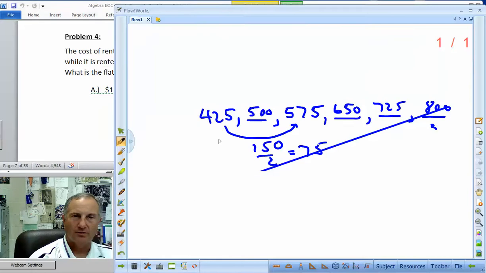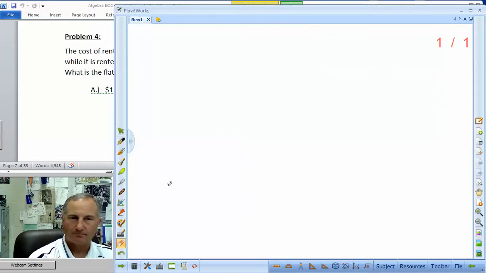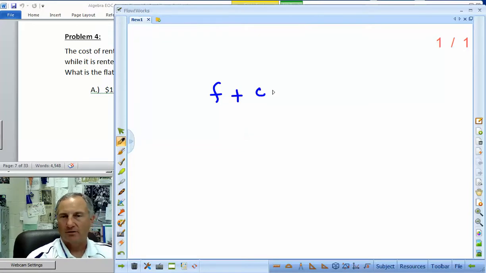Okay, well, let's take a look here. We did a problem like this already, similar to where we can use the similar logic on it. We know that it's going to be that flat fee plus the cost per mile, I'll just call it C, times the number of miles, and that equals your total charge.